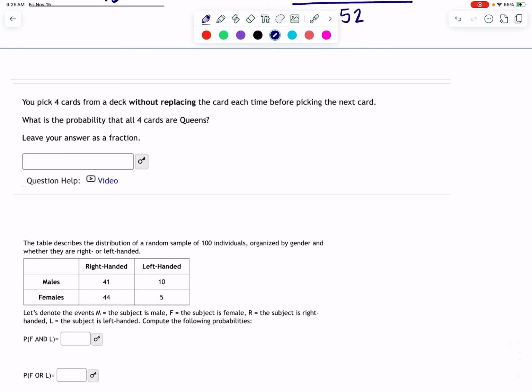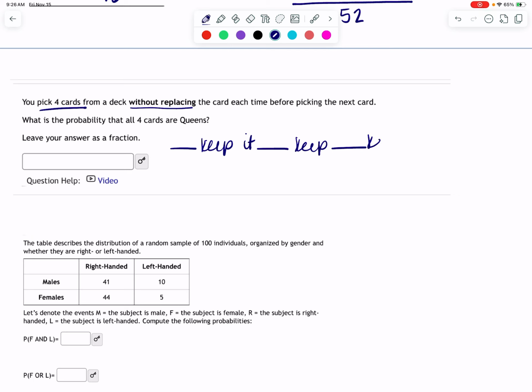Now we're picking 4 cards. And when I have students who come in my office who struggle with problems like this, we write it out pretty literally. We're going to pick 4 cards, and we are not going to replace it each time we draw it. So I'm going to draw one and keep it. And then draw another one.